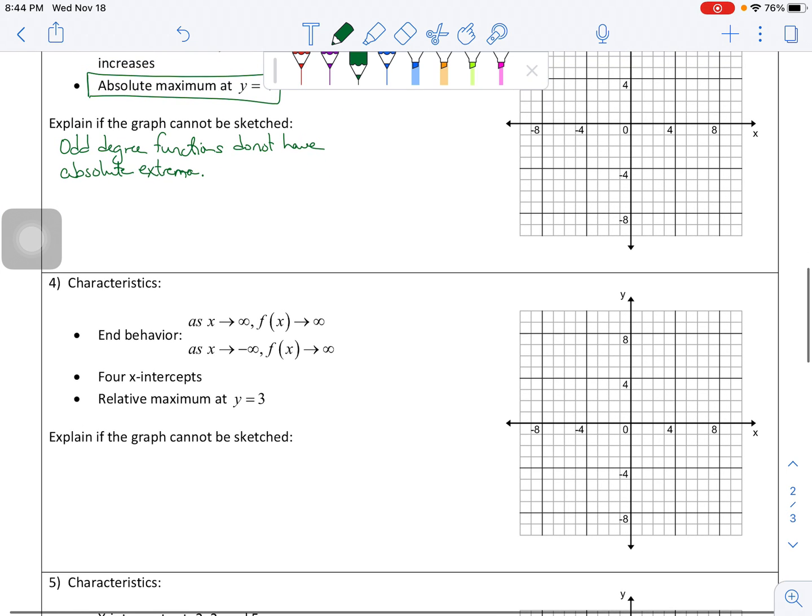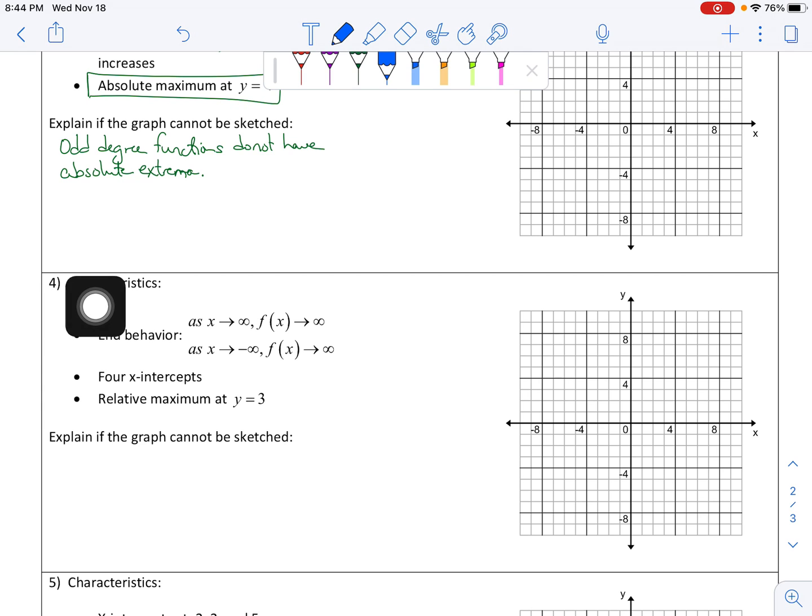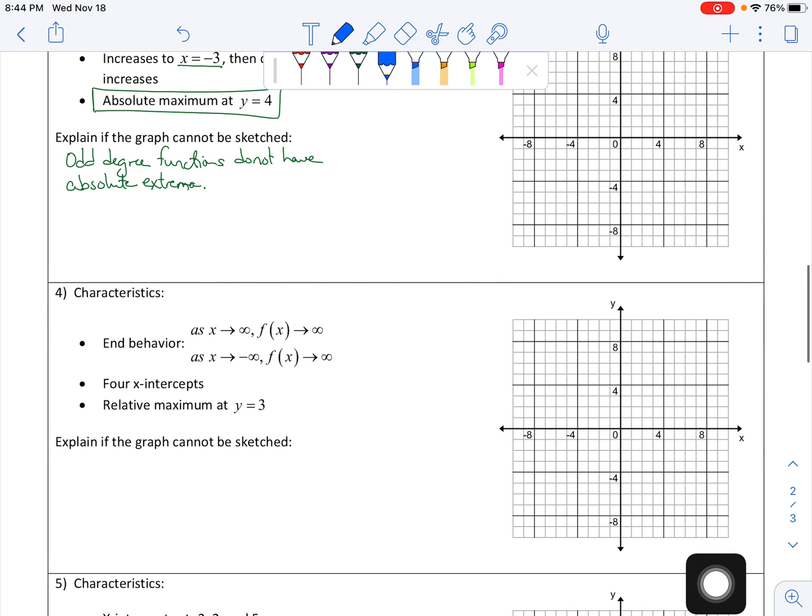Okay. Let's take a look at number 4 here, and this will be the last one for this video. There are a few more problems. I'll go ahead and make a separate video for those. So we're given the end behavior. So as x goes to infinity, f of x goes to infinity. So over here on the right side of my graph, what I eventually will be trying to draw is something that goes up to infinity.